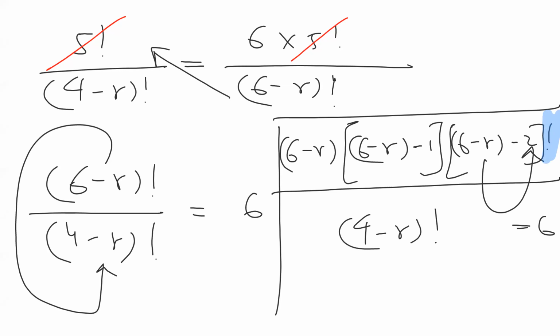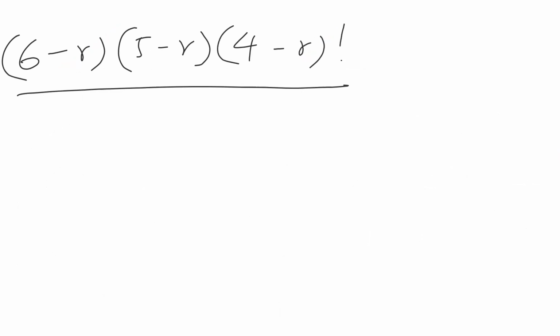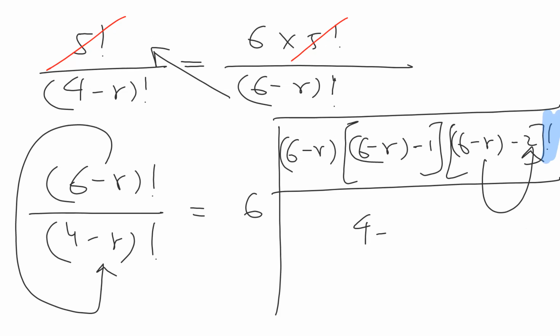So the next step, (6 minus r)(5 minus r)(4 minus r) factorial upon (4 minus r) factorial is equal to 6.